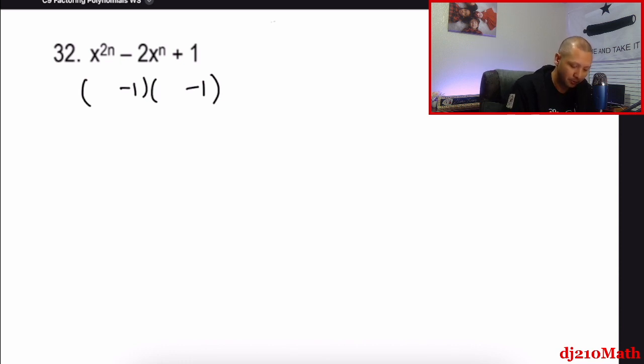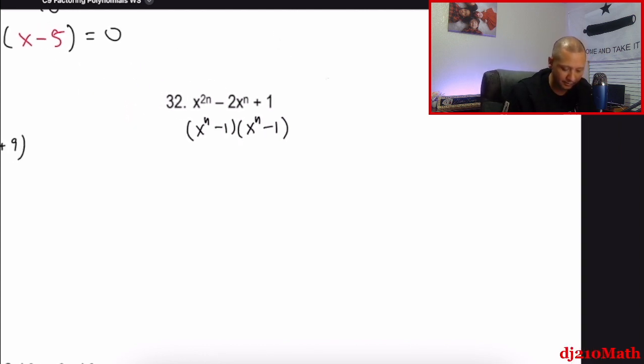Okay, our variable is just x to the n. And that makes sense because if we FOIL this out, we're going to get x to the n times x to the n. Common bases, you add the exponents. So n plus n is 2n. Okay, that's it. I like it. All right.